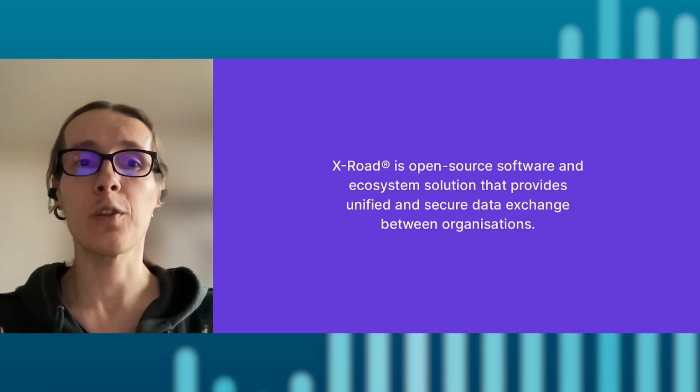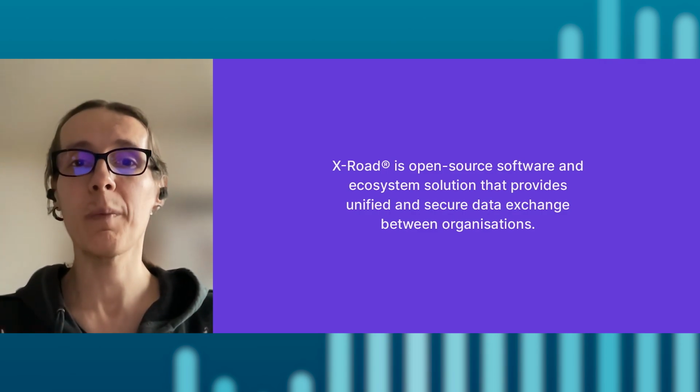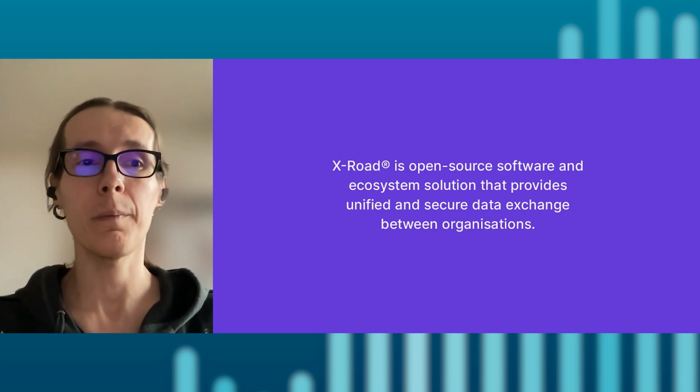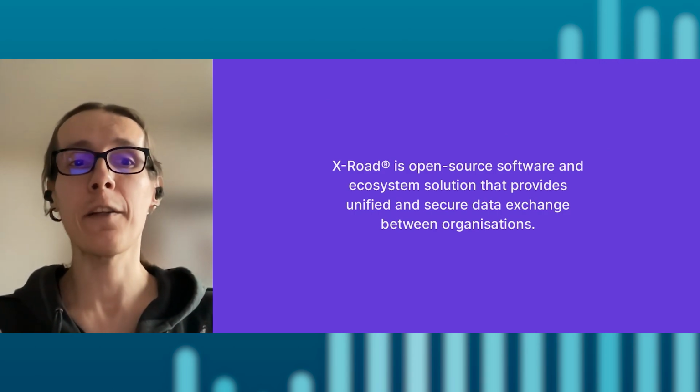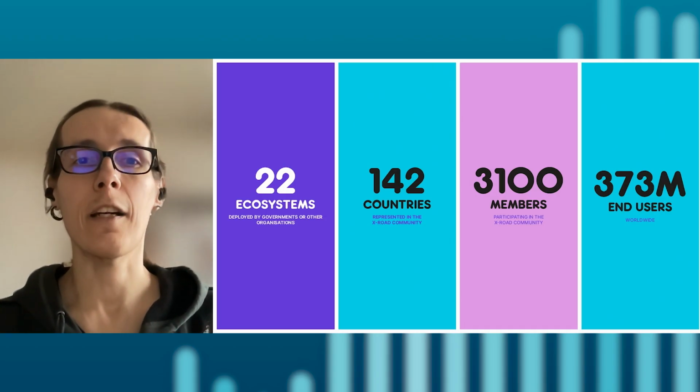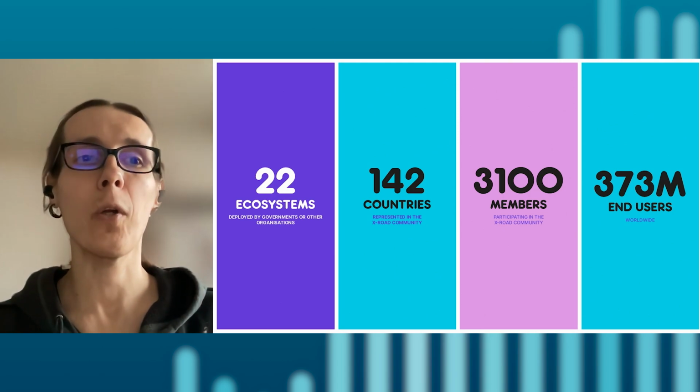X-Road is an open source software and ecosystem solution that provides unified and secure data exchange between organizations. X-Road is licensed under the MIT open source license, and it's a digital public good verified by the Digital Public Goods Alliance. According to our information, there are 22 X-Road ecosystems worldwide.